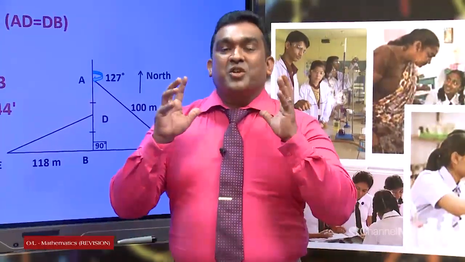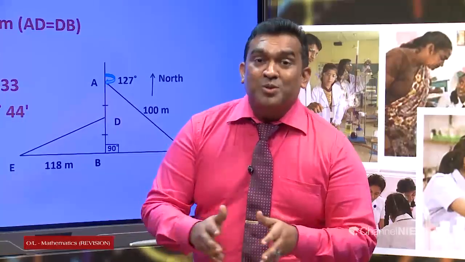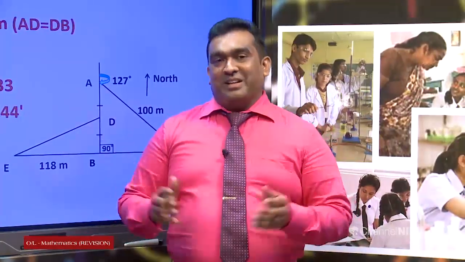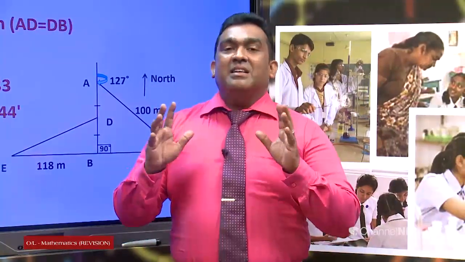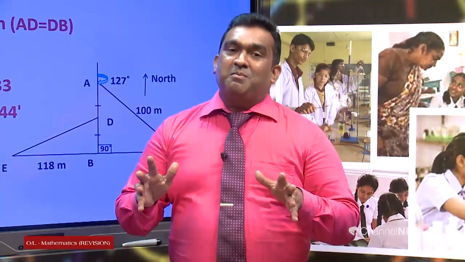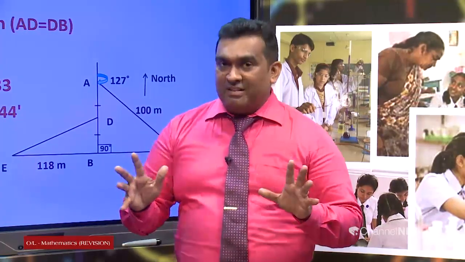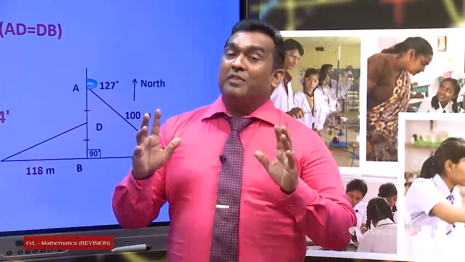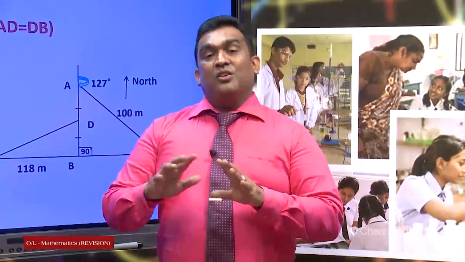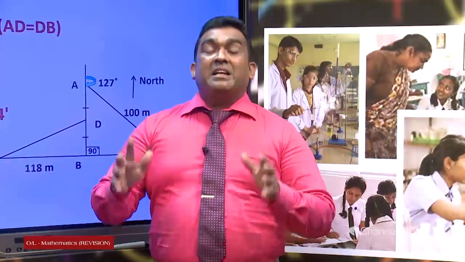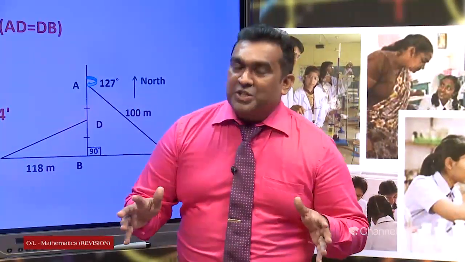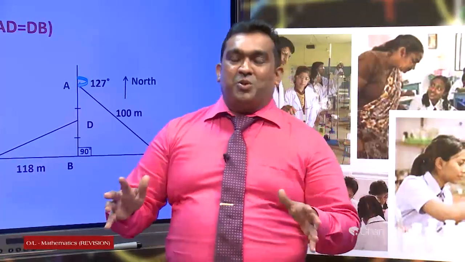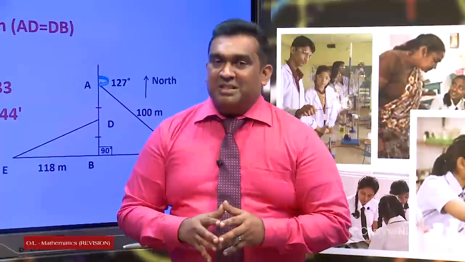How to get trigonometric ratios using a right angle triangle, angles in a horizontal plane, bearing, and angles in a vertical plane, angle of elevation and angle of depression. After that, calculations based on trigonometric ratios using trigonometric tables.